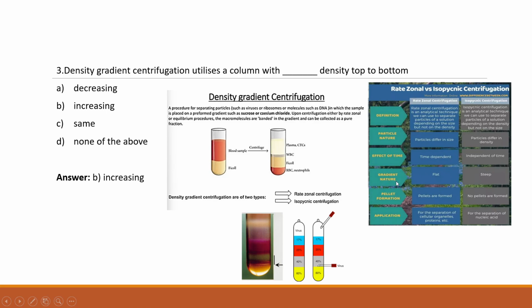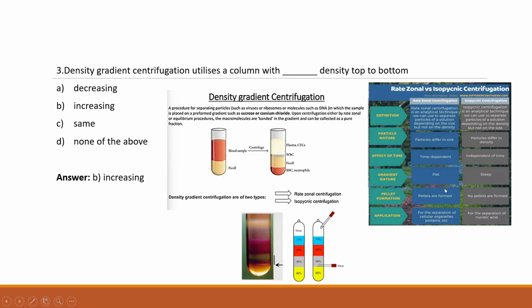And then what is the nature of the gradient? The gradient nature is flat here, and the gradient nature is steep here. And what is the type of pellet formation? Here the pellets are formed, here no pellets are formed. And the application is for separation of cellular organelles, proteins, etc., and isopycnic is for the separation of your nucleic acids.